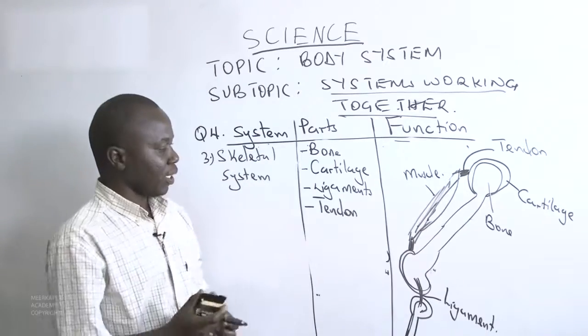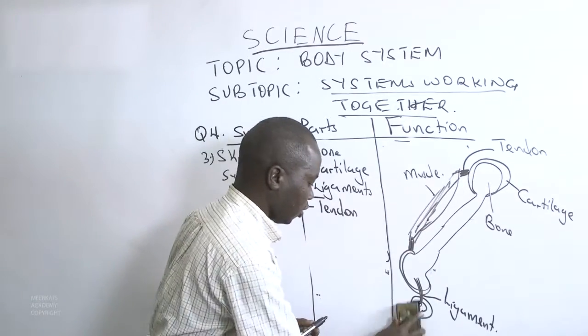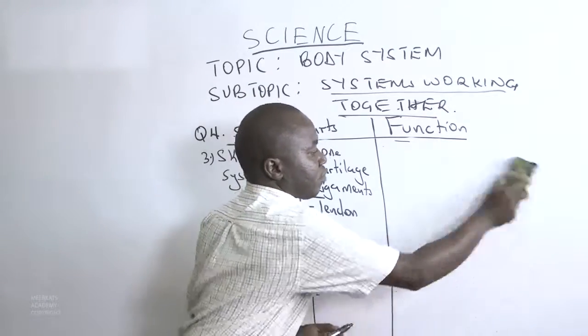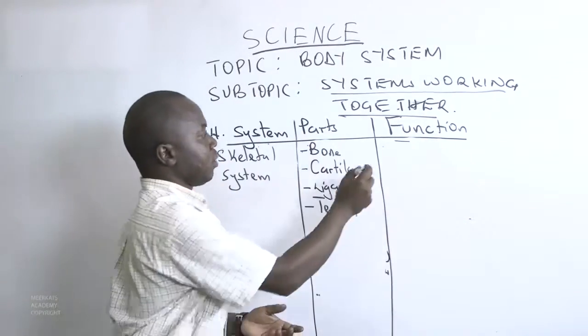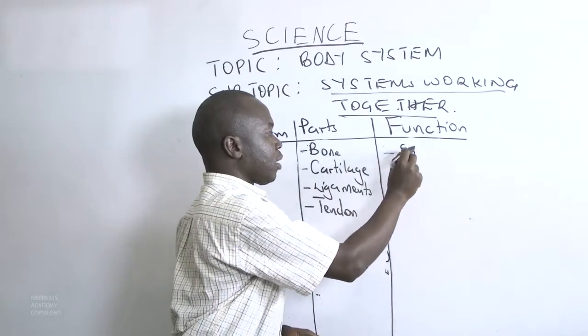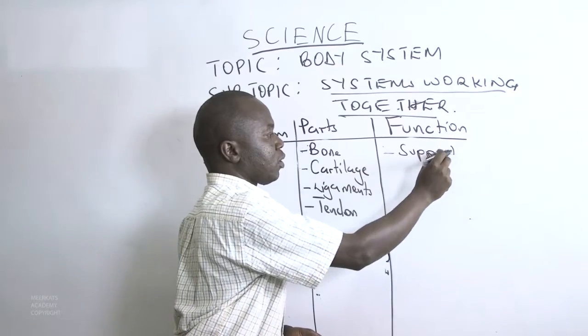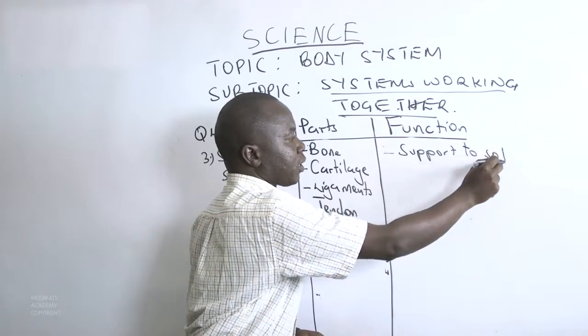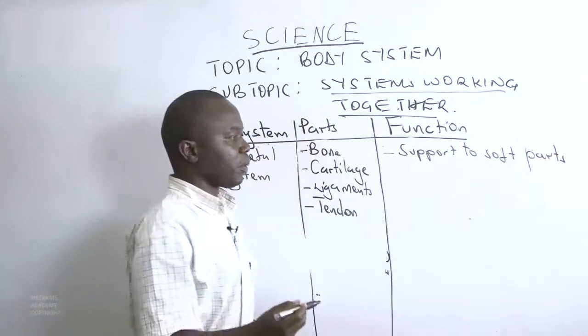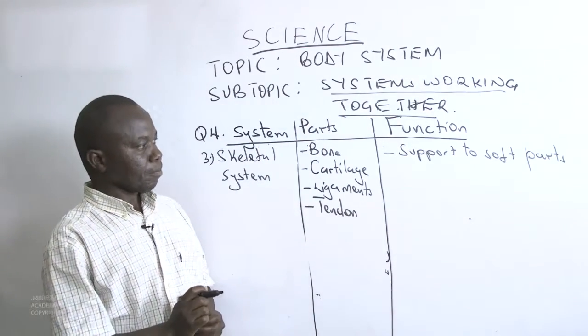So having reviewed that, we can look at the functions of the skeletal system. Some of the functions include providing support to soft parts of the body.